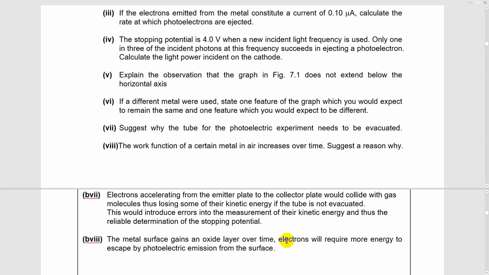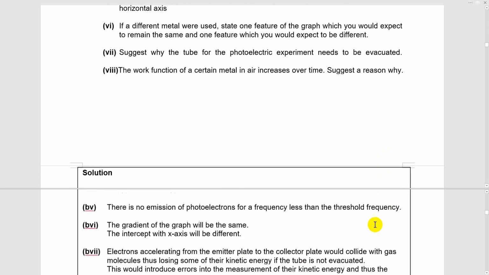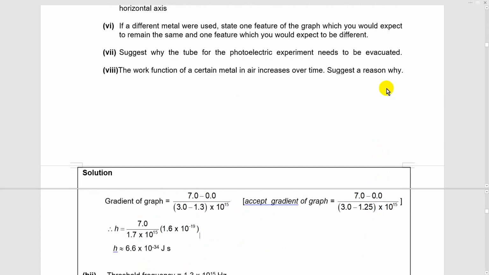Then this will affect the energy needed to remove the electrons from the metal surface, because if there's a layer, there's an extra obstacle to removing the electrons from the metal surface. So if you need more energy to remove the electron from the metal surface, that means the work function has increased. Okay, so that's B part 8. And that is question number 7.